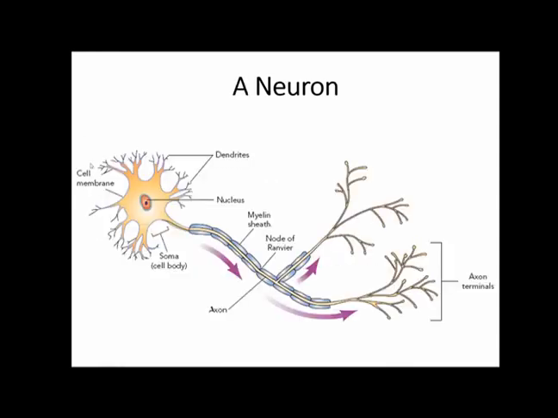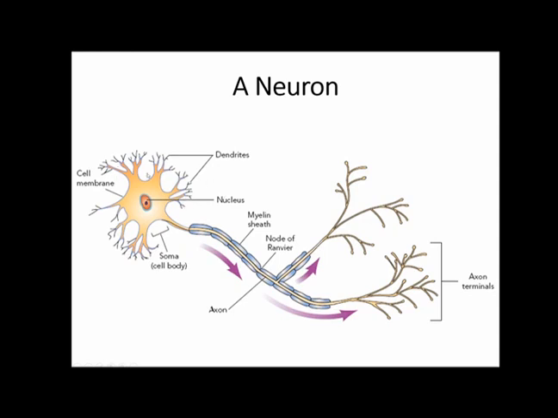And again, we can swap over to here, and these branchy protrusions are dendrites. And they kind of look like trees or branches. And dendrite is actually derived from, I believe, the Latin for branch. So that's why they're named that.